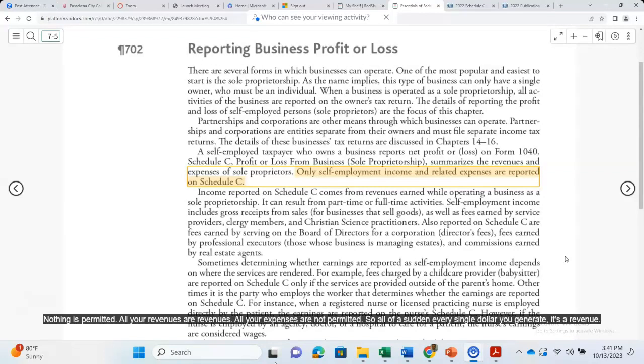Nothing is permitted. All your revenues are revenues. All your expenses are not permitted. So all of a sudden, every single dollar you generate is revenue. Why? Because you start mixing up your personal and business expenses together. You open the door for the IRS to claim denial of all your expenses.